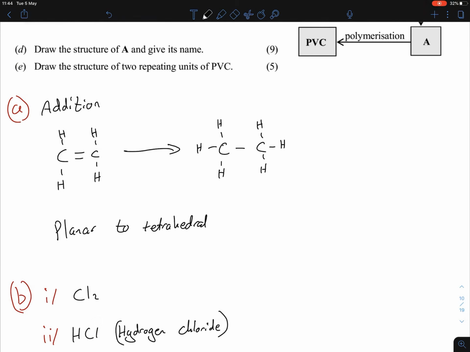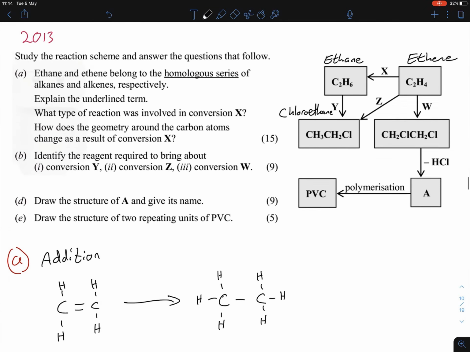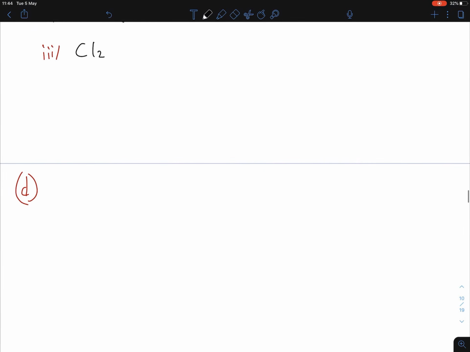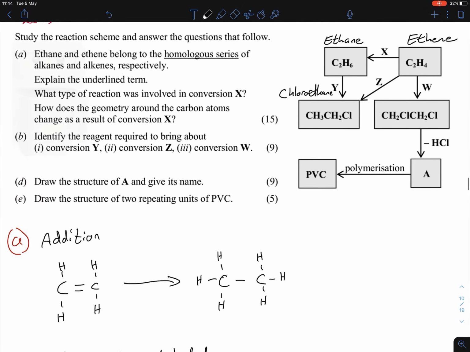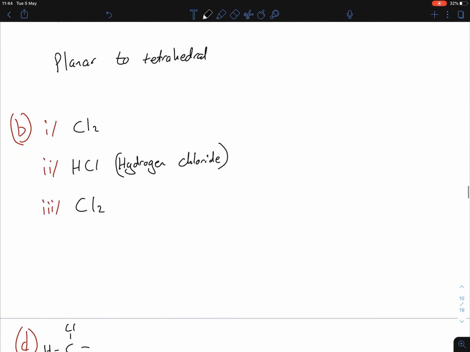This is D now. Let's draw out the original one there. And the original one was CH2Cl, CH2Cl. Okay.